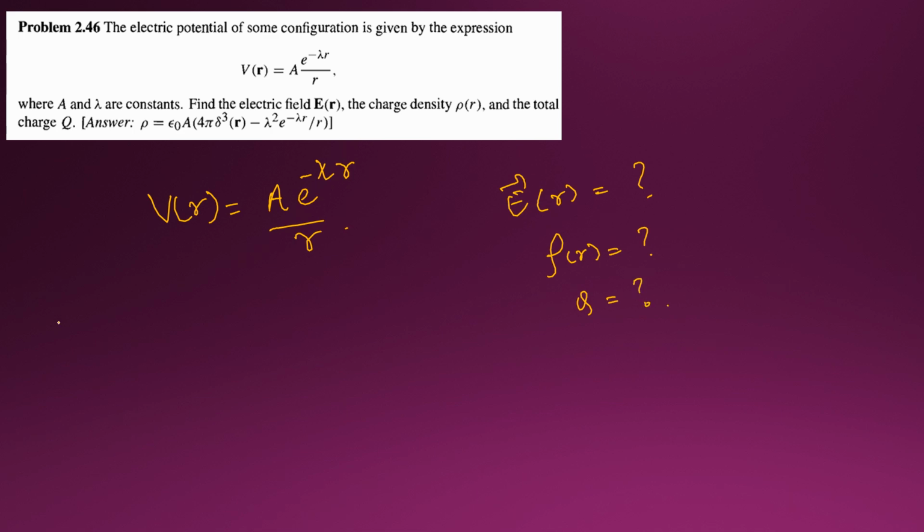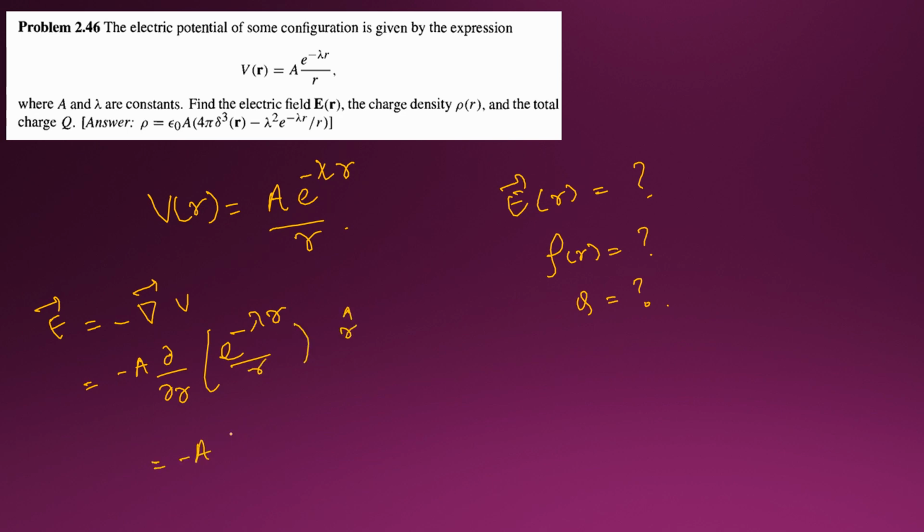How will I calculate? The related field we know is minus del V. Let's just do it here. Minus A del by del r of e^(−λr) by r, r cap. Minus A, minus 1 by r² e^(−λr) minus λ by r e^(−λr), r cap.